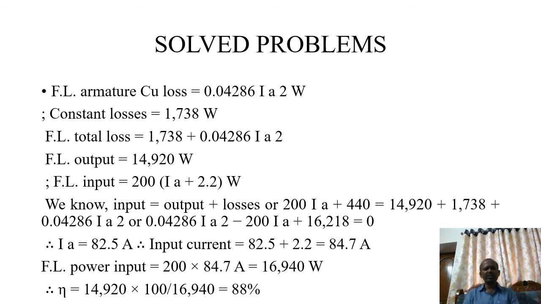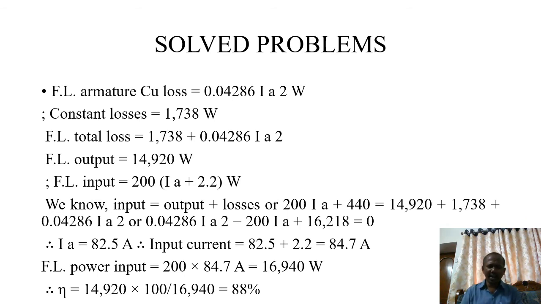You can write this equation in the form of ax square plus bx plus c is equal to 0, and you can calculate armature current by applying the quadratic equation, minus b plus or minus square root of b square minus 4ac by 2a. You can write here all the values and you can get the armature current.